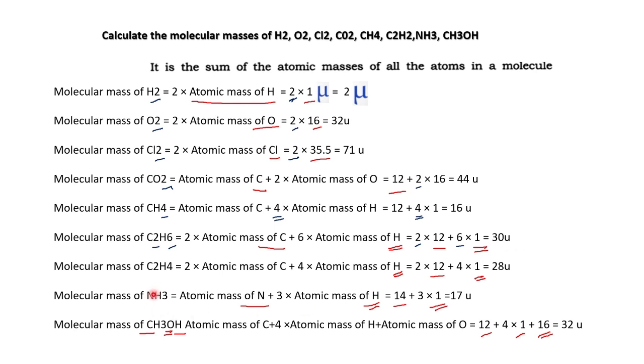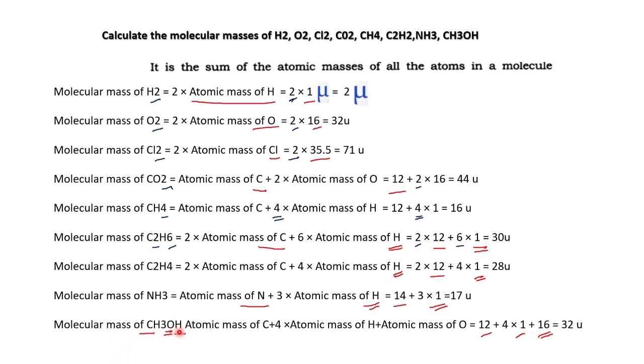Then C2H4: C2 is 2 into 12, 24, and H4 is 4 times, so 28 mu. Then NH3, ammonia: the atomic mass of nitrogen is 14, hydrogen is 1 into 3, so 17 mu.